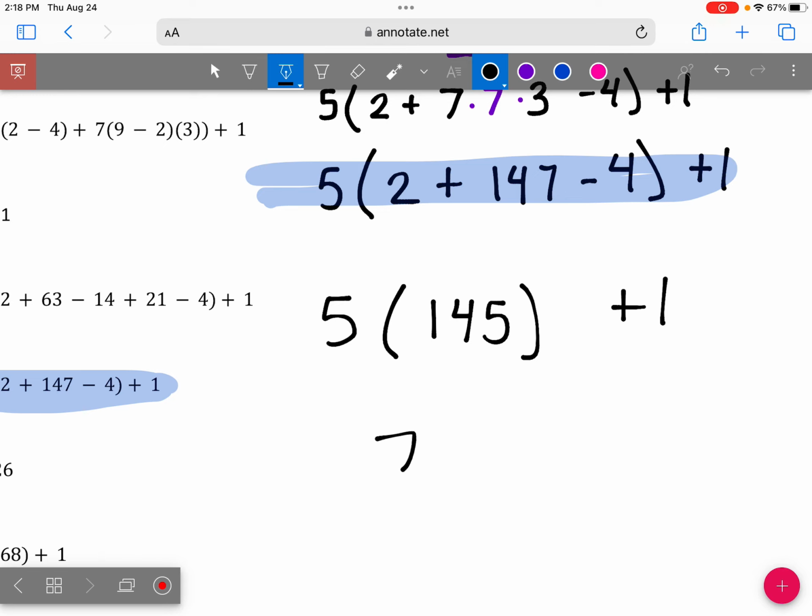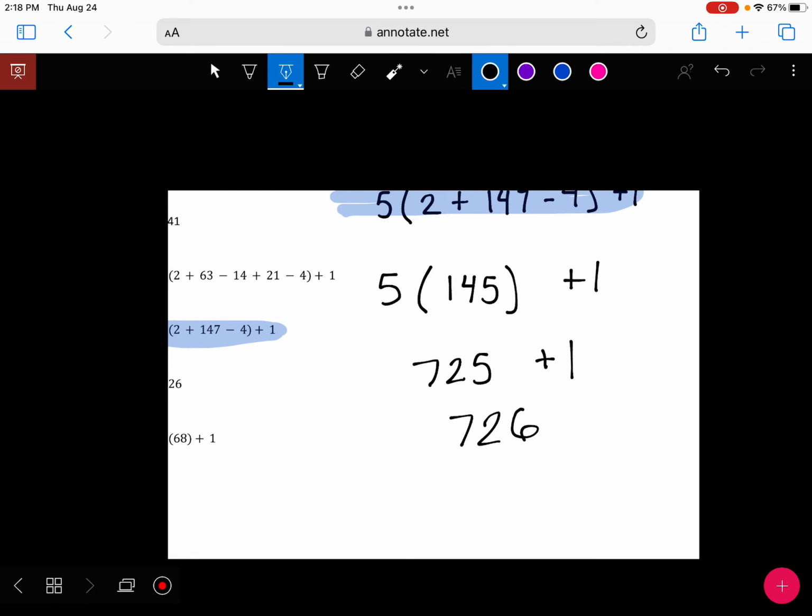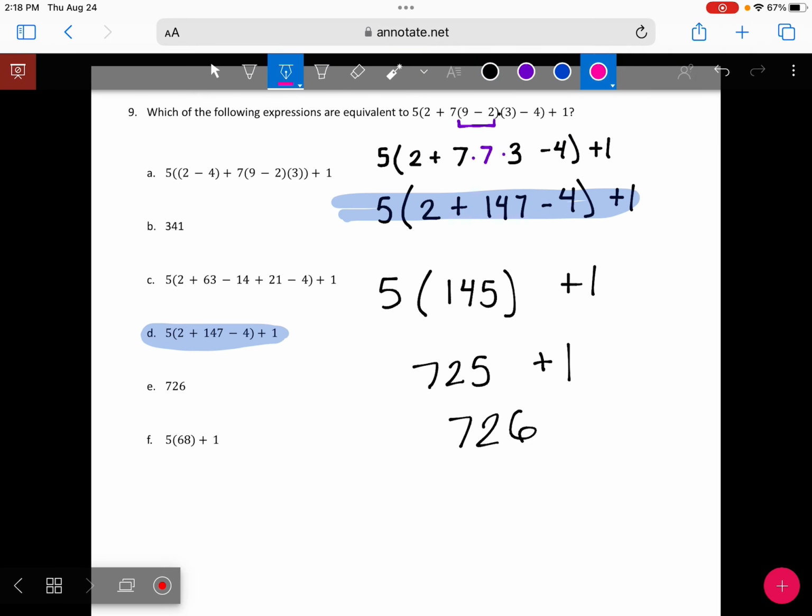Which gives us 725 plus 1, or 726. Oops, which is this one.